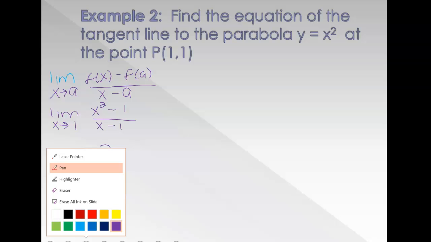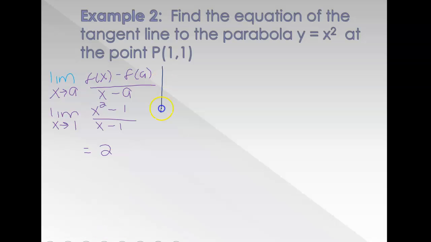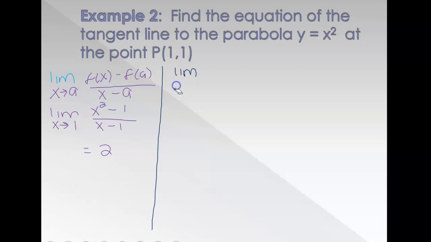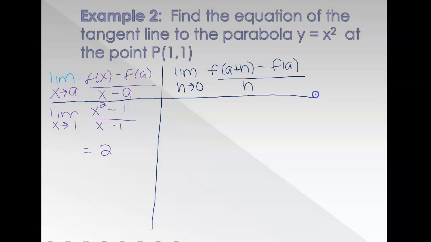So now we're going to do it with the difference quotient using a and h. So we can also look at it using the limit as h approaches 0 of f of a plus h minus f of a all over h. So again, both of these represent the same thing.